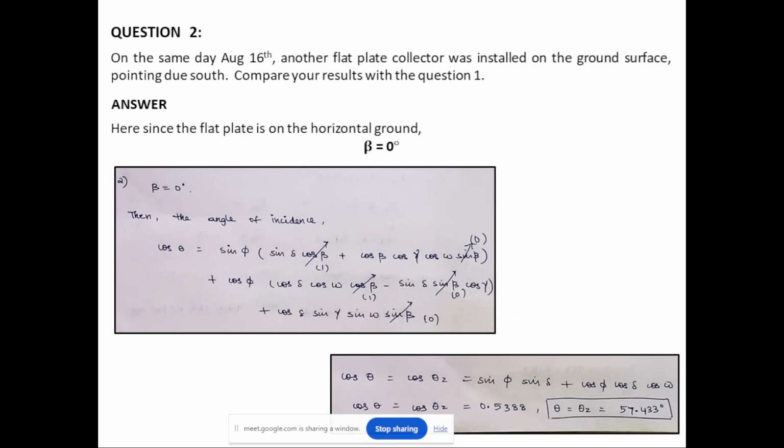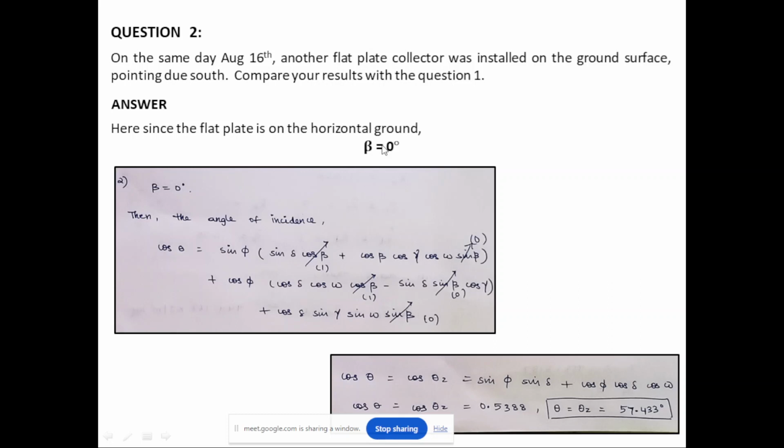So our angle of incidence, as you know, the formula is: cos theta equals sine phi sine delta cos beta, minus sine delta cos phi sin beta cos gamma, plus cos delta cos phi cos omega cos beta, plus cos delta sine gamma sine omega sine beta.